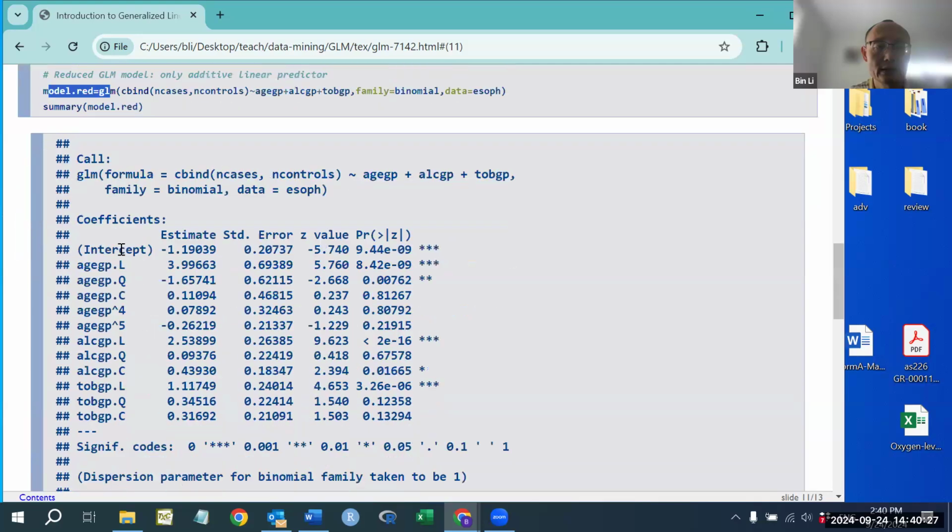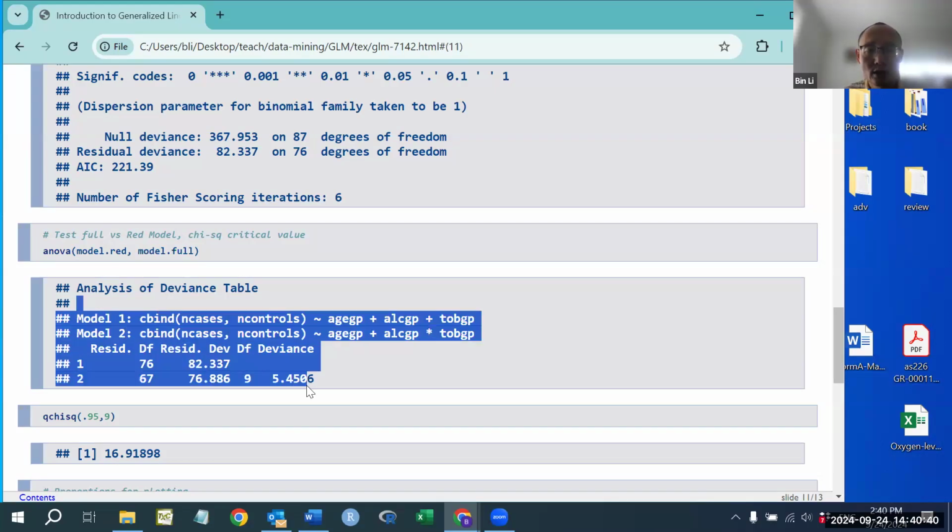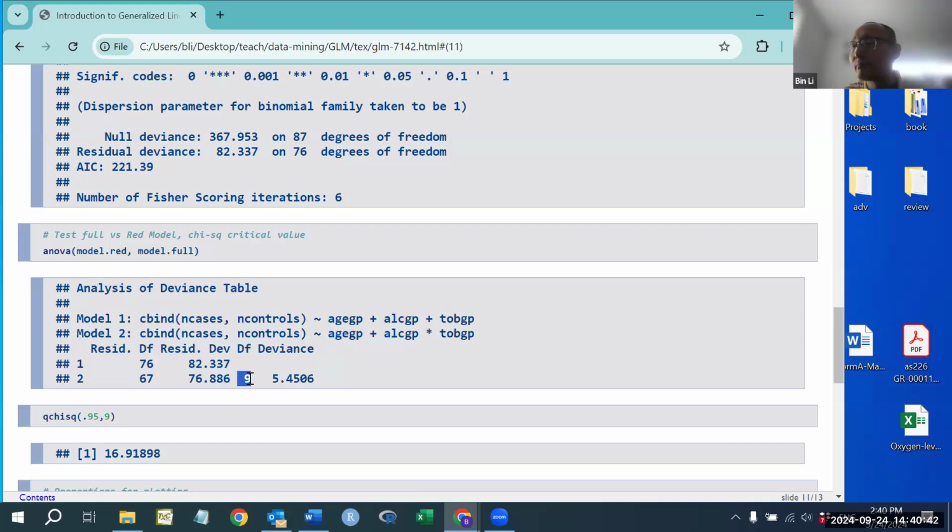That's the one without interaction. The second one is model 4. That's the one with interaction. Okay, so it will show you the degrees of freedom between these two models. There are 9, and this is the deviance between these two models.